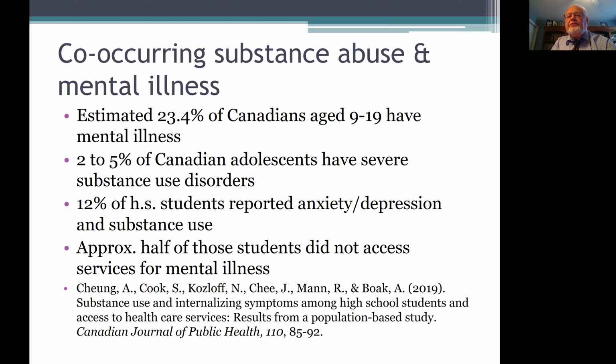One of the assigned readings discussed the importance of looking at co-occurring substance abuse and mental illness in youth.